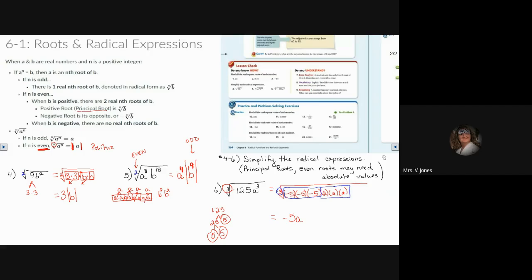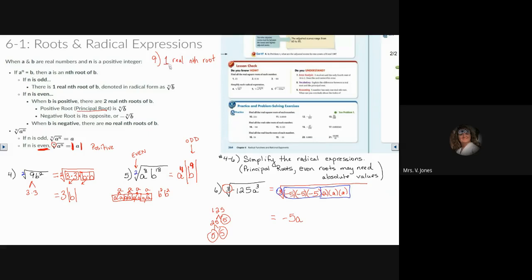All right, let's just look at number 9 real quick also. A number has only one real nth root. What can you conclude about the n?